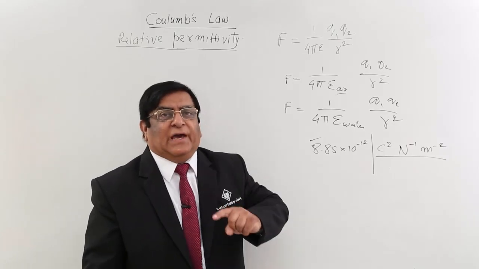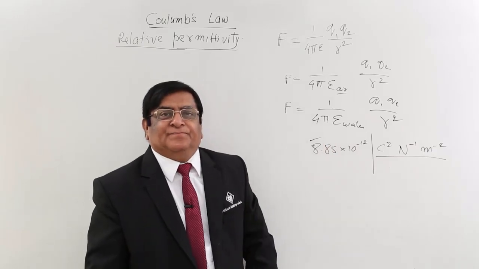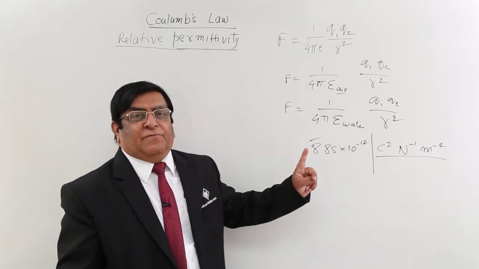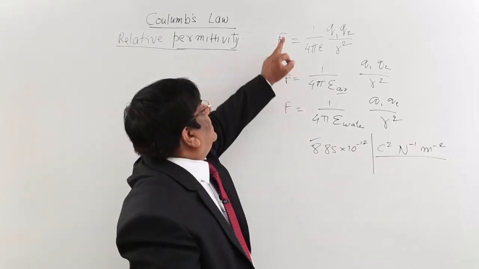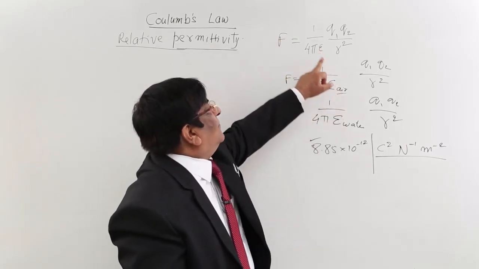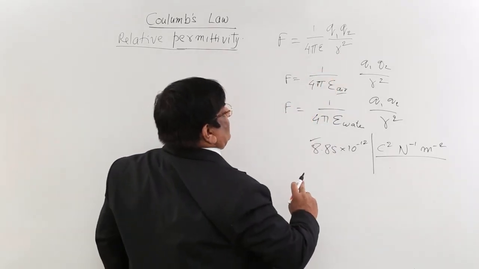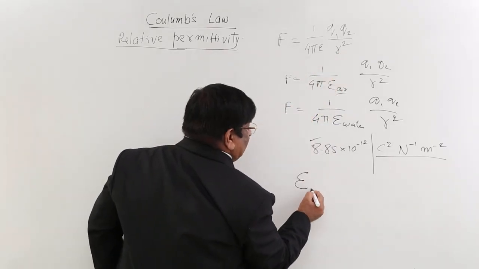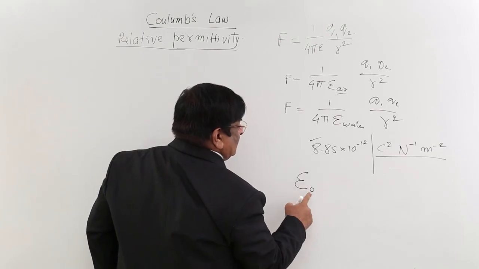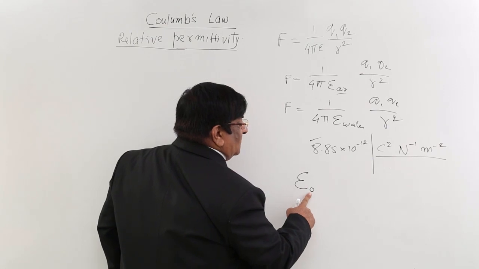So, we have changed the method of writing it. How have we changed? We will say there is a value of permittivity for free space, and that permittivity we will give a naught. Naught means nothing. Nothing means vacuum, free space.